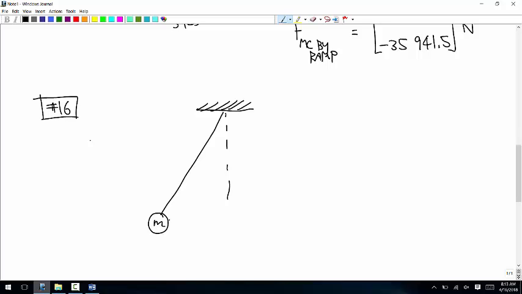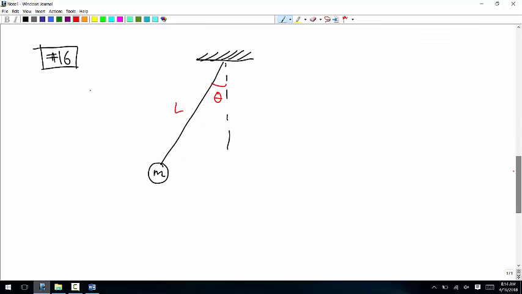That's going to disappear from this calculation. We're assuming that there's an angle theta at this instant, and the length of this string is L. And we want a relationship between the speed and the angle.